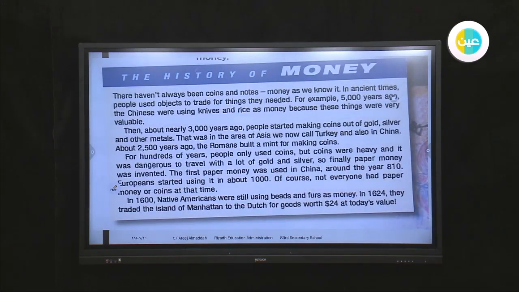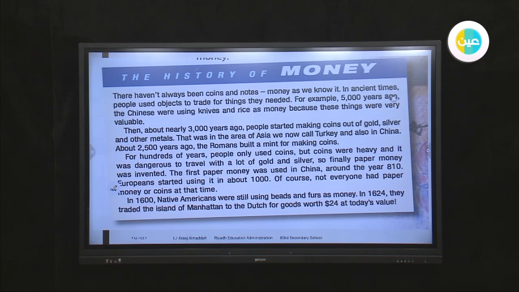Here, the history of money. I will read it with you. Listen, then we can answer some questions. There haven't always been coins and notes as we know them. In ancient times, people used objects to trade for things they needed. For example, 5,000 years ago, the Chinese were using knives and rice as money because these things were very valuable.